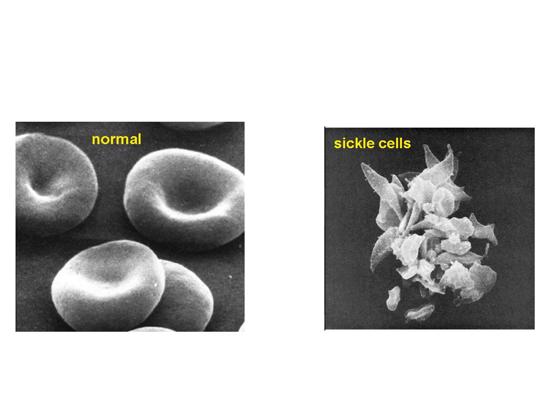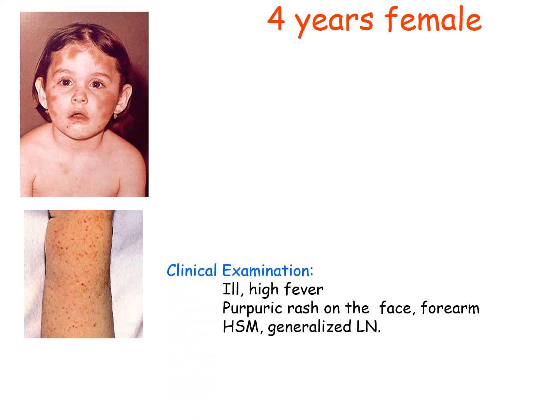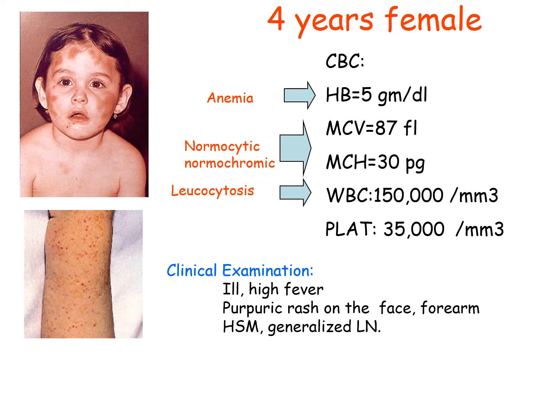Another child is a female, 4 years old, presenting mainly with illness and high-grade fever, with purpura all over the face and the forearm, with hepatosplenomegaly and lymphadenopathy. When a CBC is done, it reveals anemia. It's normocytic normochromic anemia, but with hyperleukocytosis and thrombocytopenia.